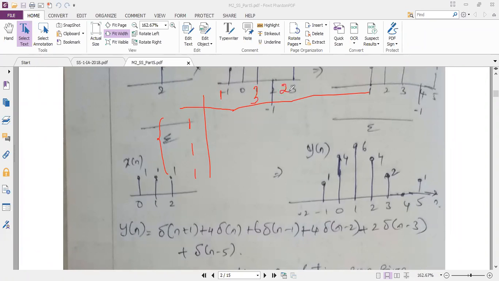Just check whether the numbers I am writing are right. Is my h of n value right? Yes. So now I have to do just the multiplication, which one will be multiplied with which one.